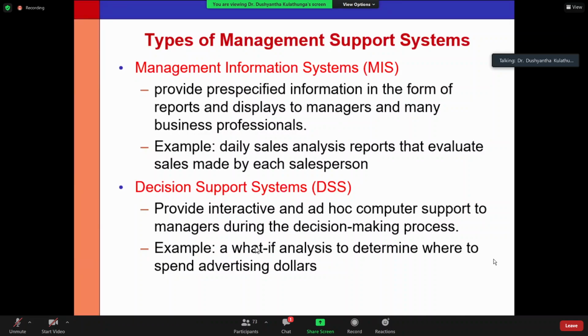So when you change the input, the output will change. So we may input different values and see what the outcome would be. So what if analysis is a situation where we change the input values and see the impact of the particular change on the output and how the output changes.